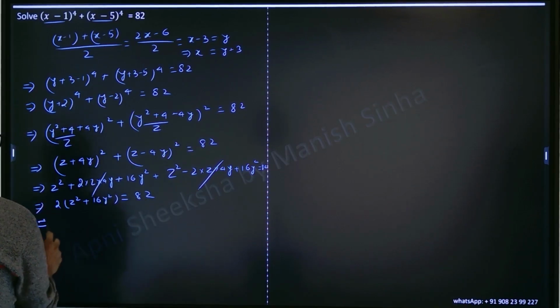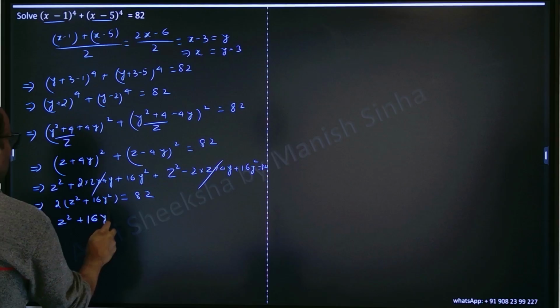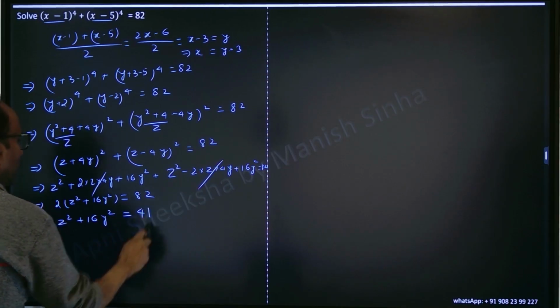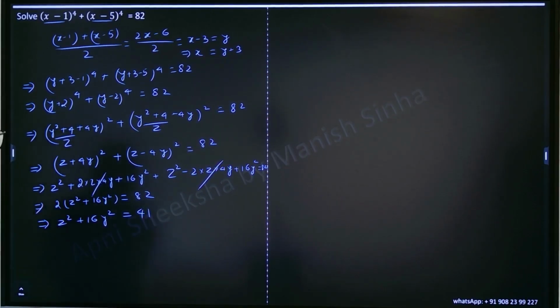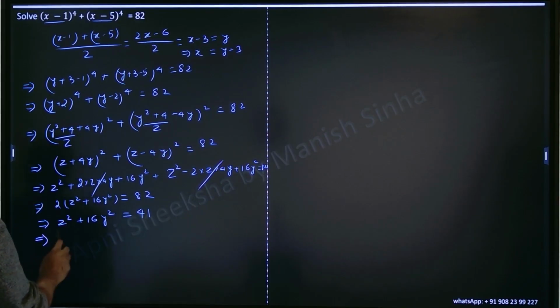So z square plus 8y square plus 16y square is equal to 41. Your z is y square plus 4. So put that value. Now expanding that will be easier for you.